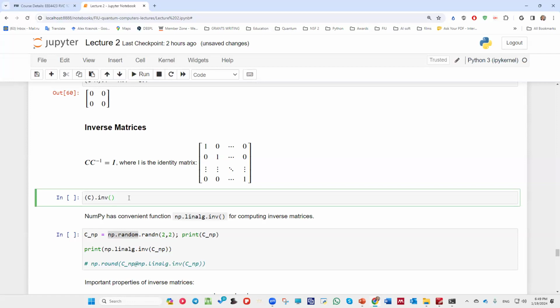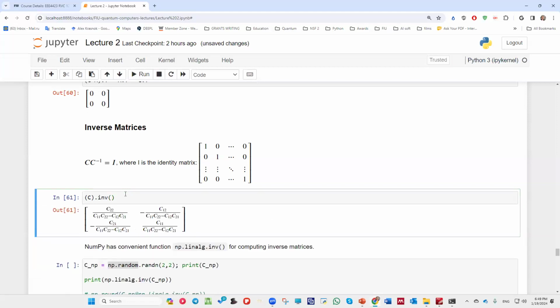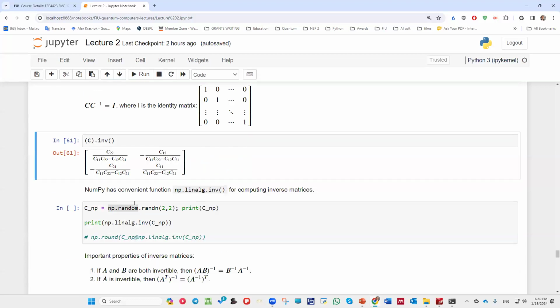operation in Python. So I just run this method .inv, standing for inverse, and it returns me the answer. Okay, so in all these four components of the matrix, we get the determinant of the initial matrix in the denominators, and the components of another matrix composed of the minors of the matrix itself.